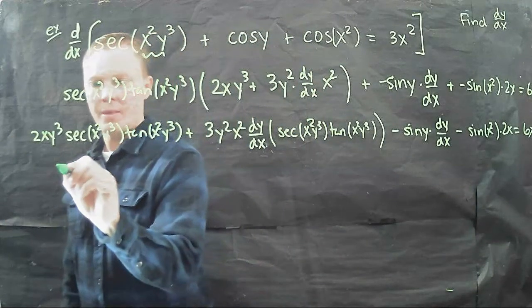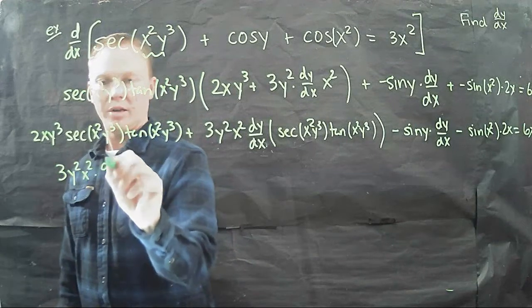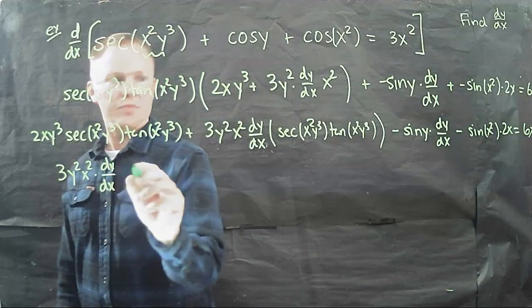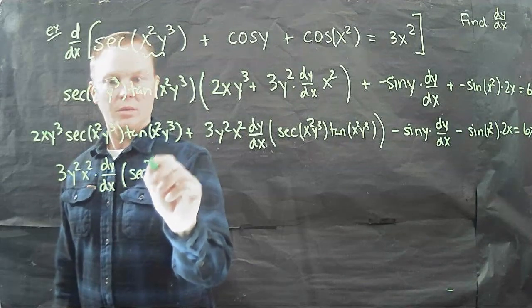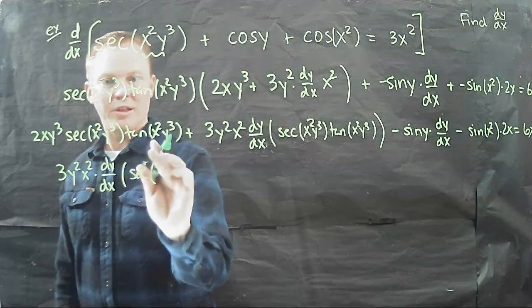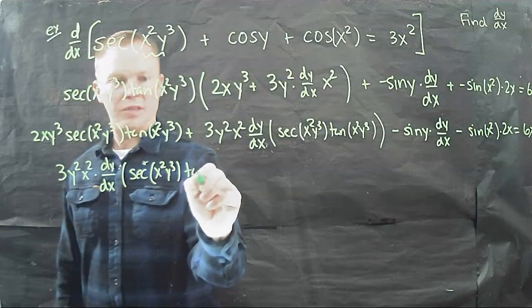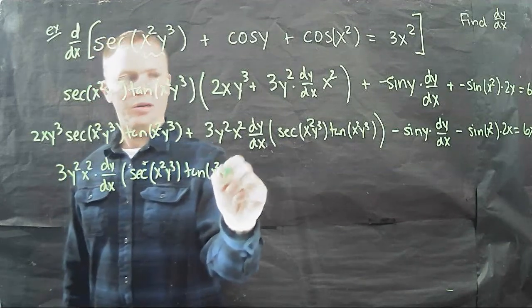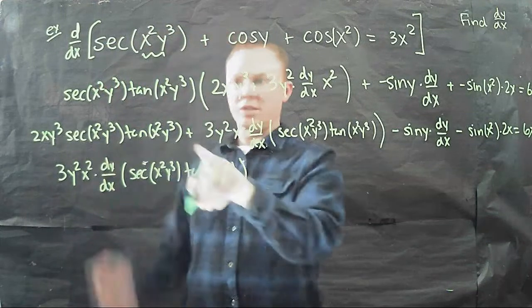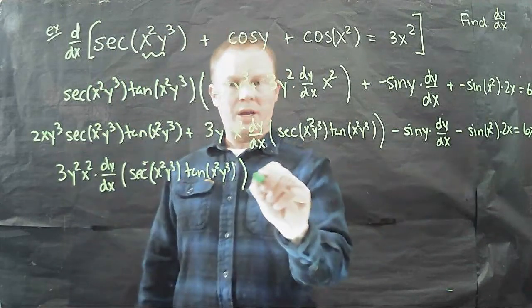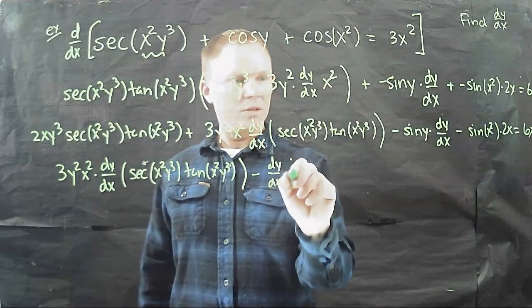So 3y squared x squared dy dx secant of x squared y cubed tangent of x squared y cubed, that's going to go over, minus dy dx sine y.